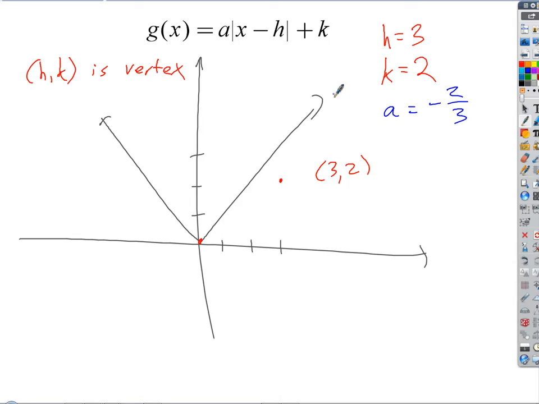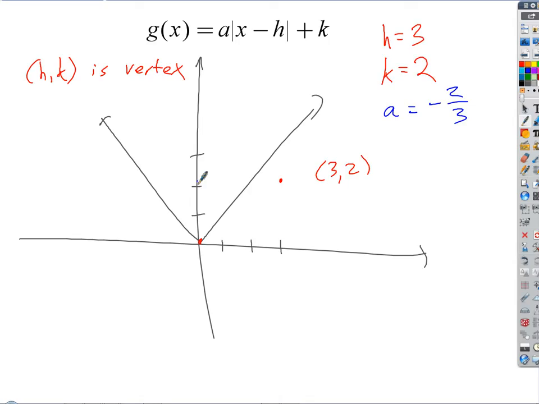We don't even really have to think about it as a stretch. Normally, we would go over 1 and up by 1. The slope of each leg is 1. Agreed? If we're going to compress it by a factor of 2/3, instead of going over 3 and up 3, we would now go over 3 and up 2, wouldn't we?